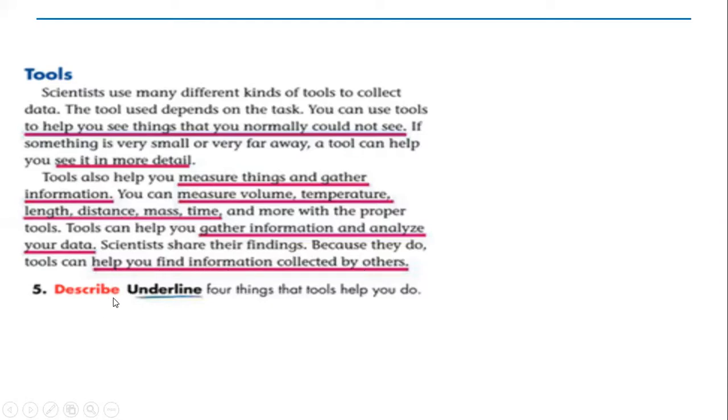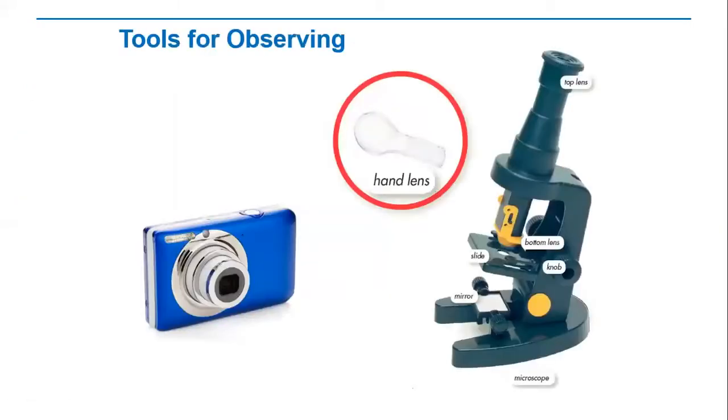So in question number 5, underline 4 things that tools help you do. All of you please underline this here. Tools for observing. The hand lens, the camera, and also we use the microscope.